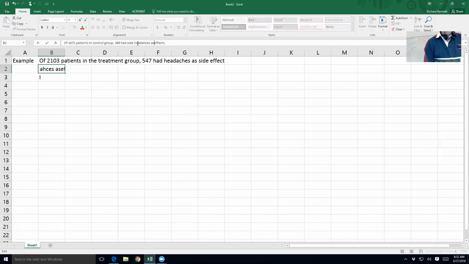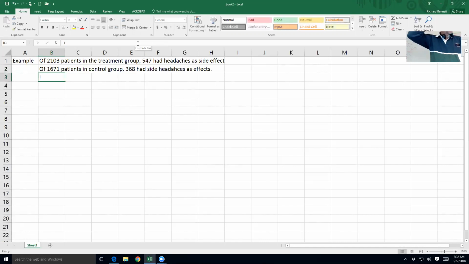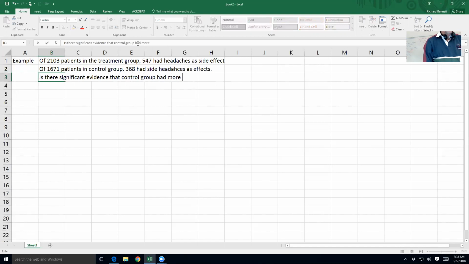Is there significant evidence that the control group had more headaches? I'll make that a question. Use alpha equal to 0.05.